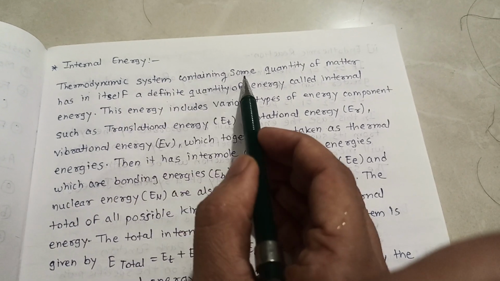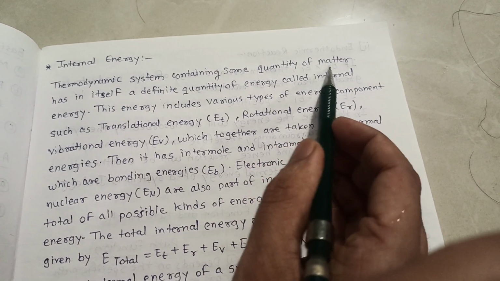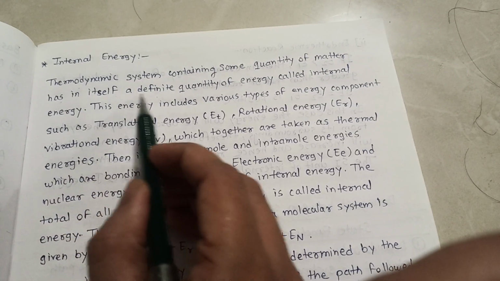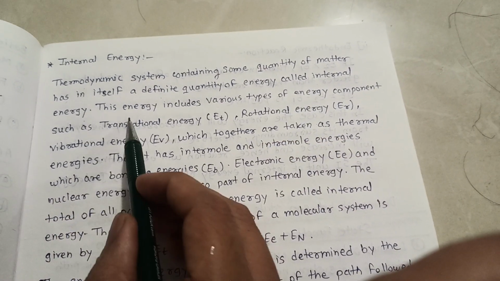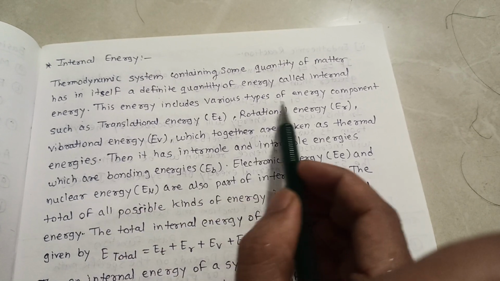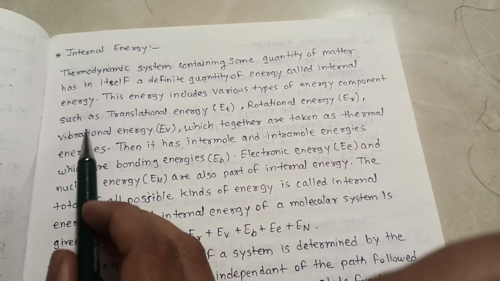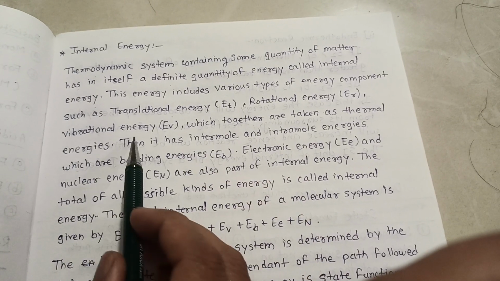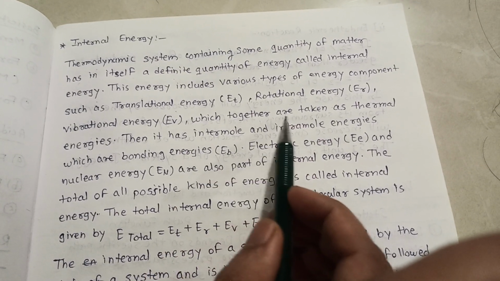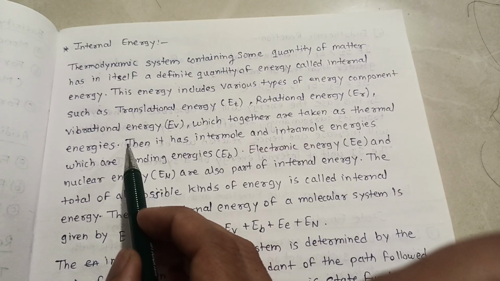A thermodynamic system containing some quantity of matter has in itself a definite quantity of energy called internal energy. This energy includes various types of energy components such as translational energy, rotational energy, and vibrational energy, which together are taken as thermal energies.